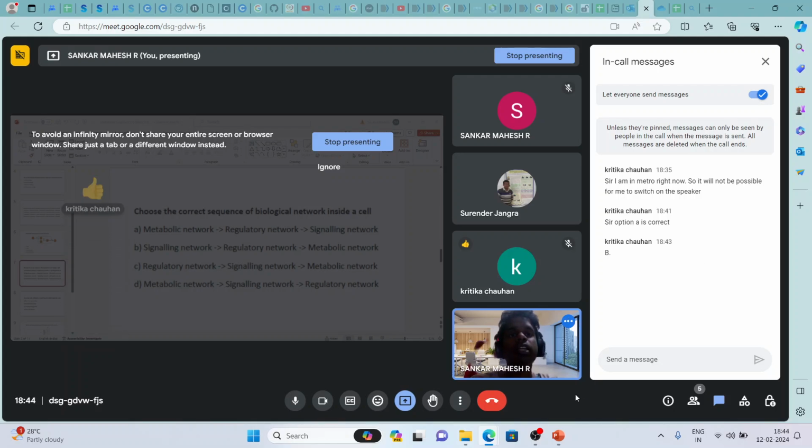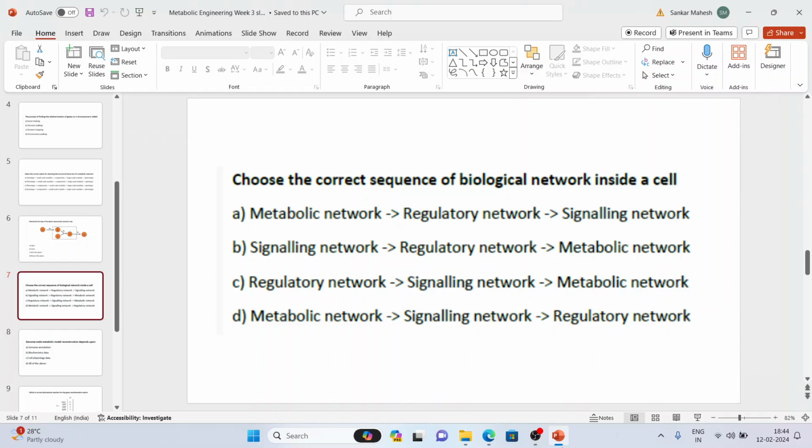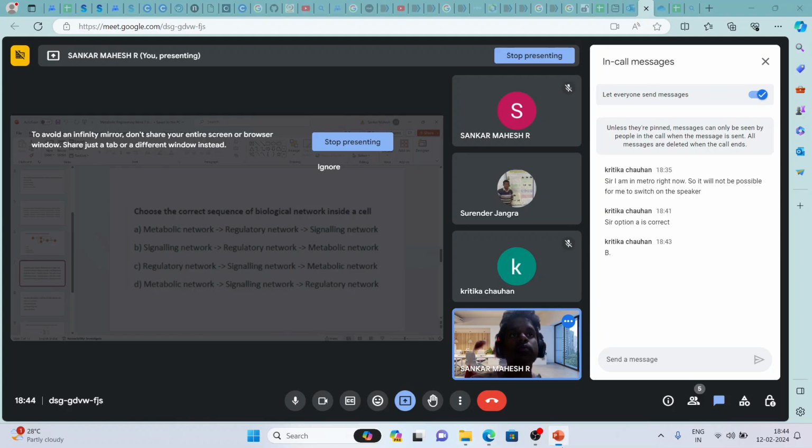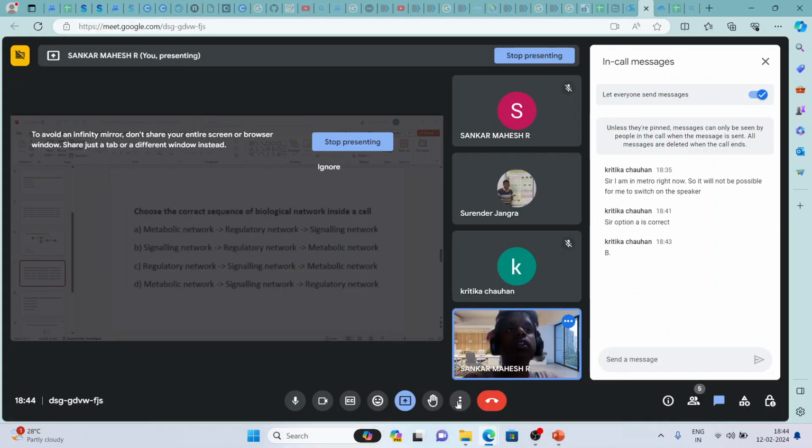That should be helpful. We'll wait for a couple of minutes, Surender, and see if Kritika's answer appears in the text box.